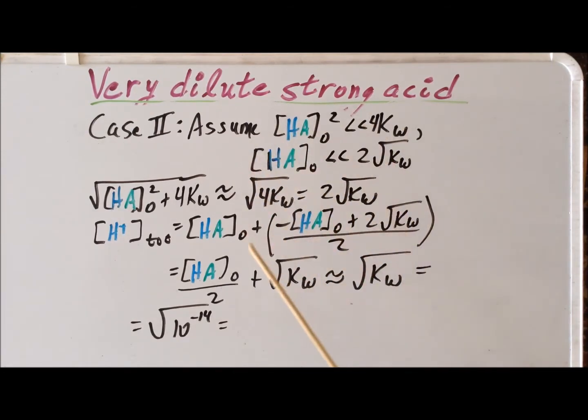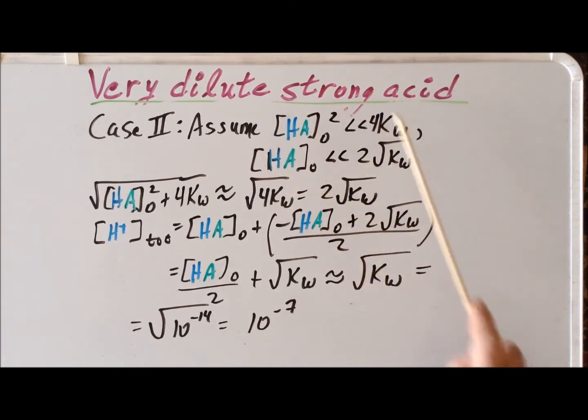So that tells us that the effective total H plus concentration in this particular case, where the concentration of HA squared is much smaller than 4 times K sub W, is essentially equal to 10 to the minus 7. Effectively, if the concentration of the strong acid is sufficiently small, it's as if it is not there at all.